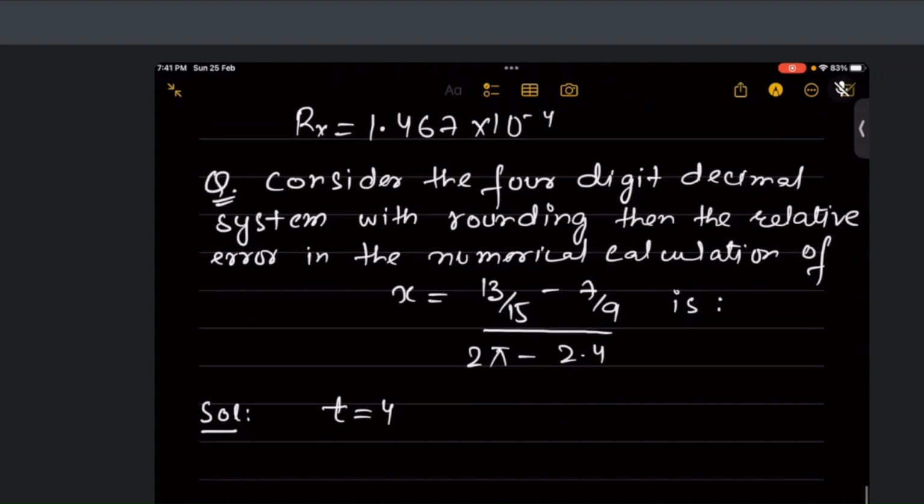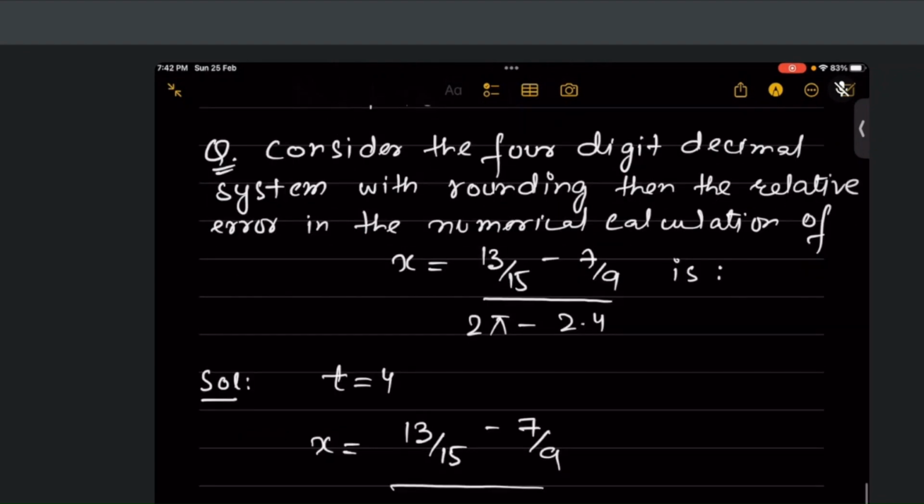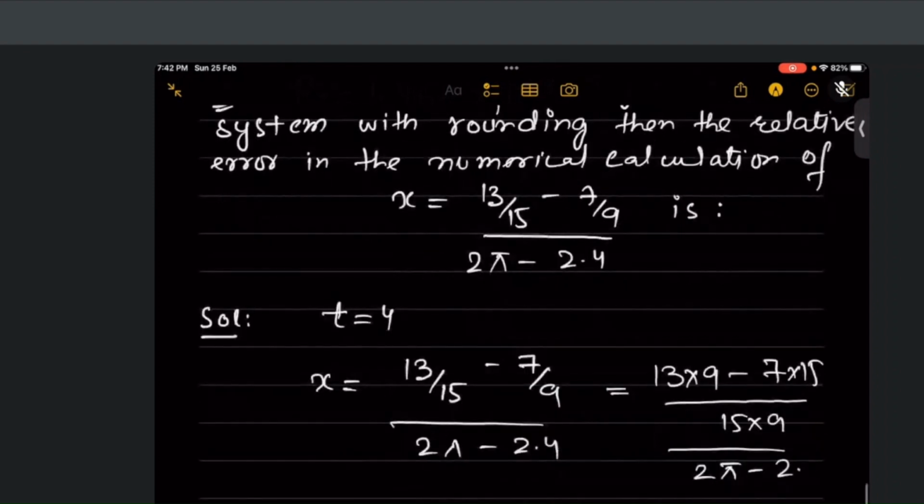See, again, for calculating the absolute value, we know that x is 13 by 15 minus 7 by 9 upon 2 pi minus 2.4. You can simply enter this value into the calculator, or you can do 13 into 9 minus 7 into 15 upon 15 into 9, whole divided by 2 pi minus 2.4.